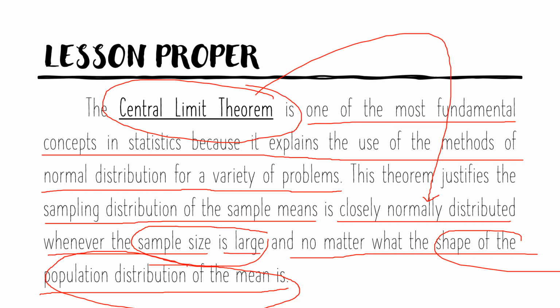Again, regardless of the shape of the population distribution of the mean, the sampling distribution of the sample means is closely normally distributed.